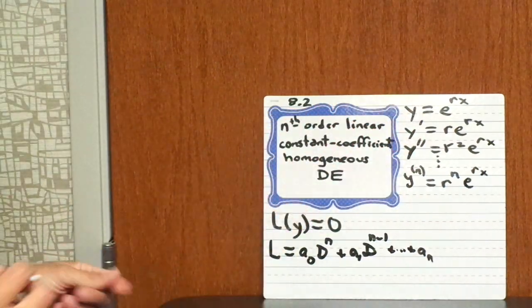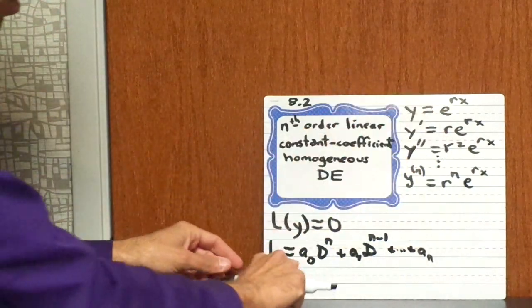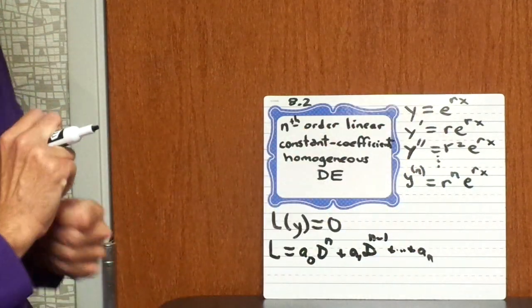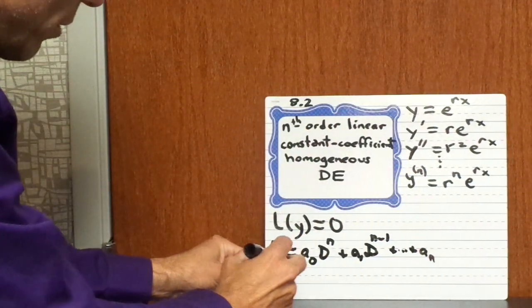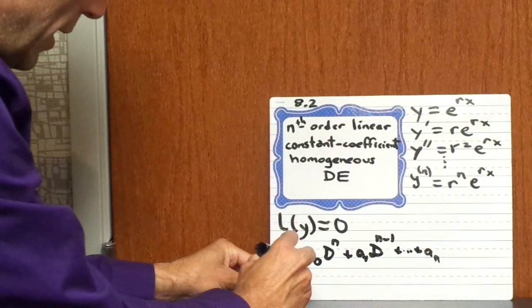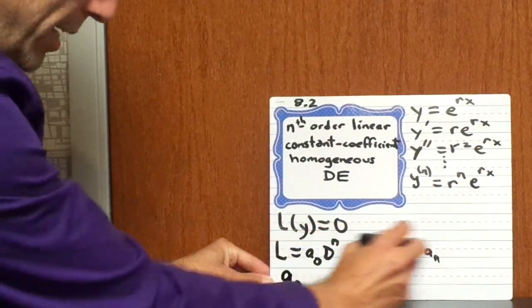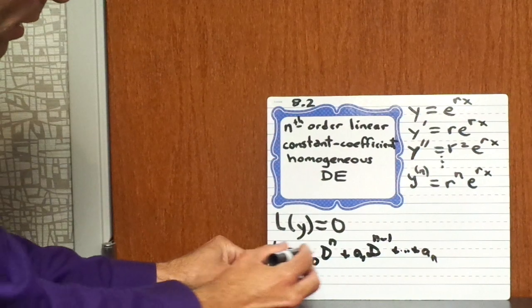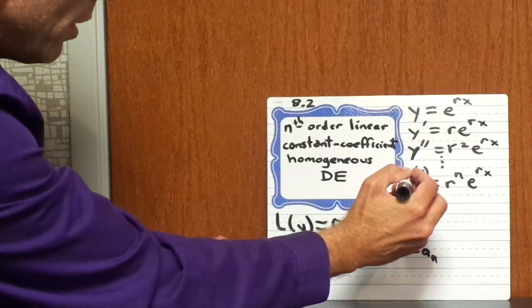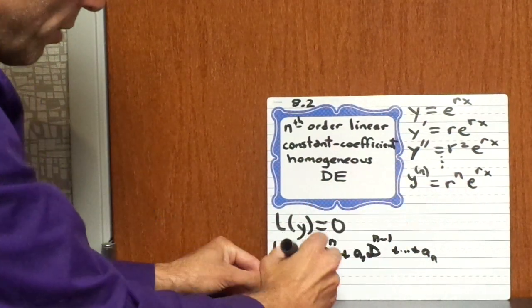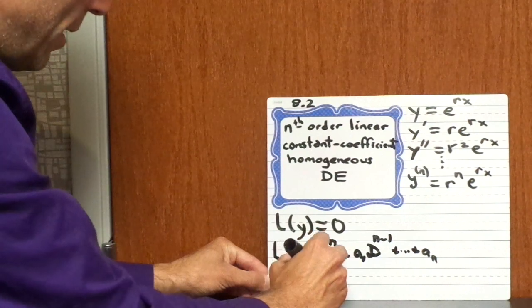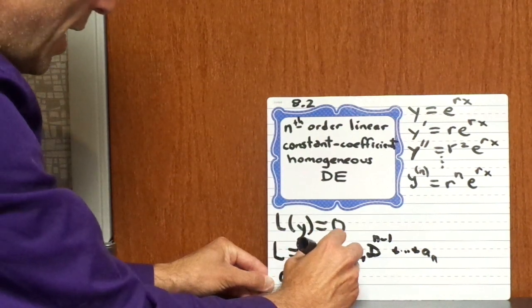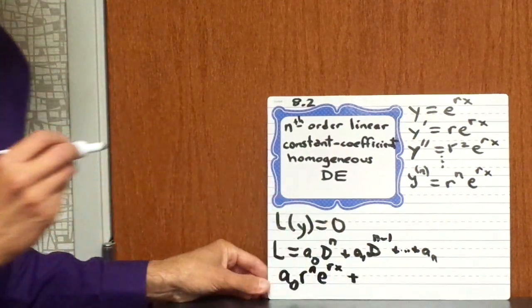Let's go back and plug all of those derivatives into this differential equation. How is that going to look? I'm going to write it underneath the operator L here. The n derivatives of y is going to be r to the n e to the rx. That's the first term.